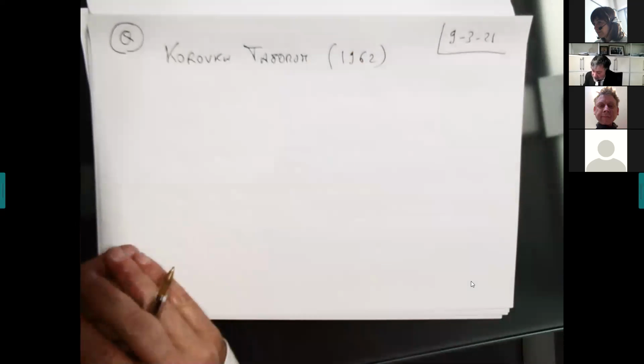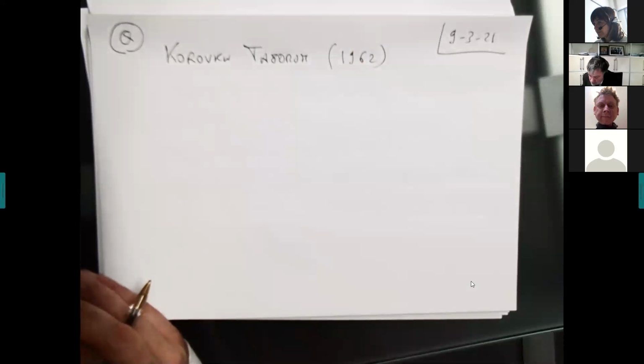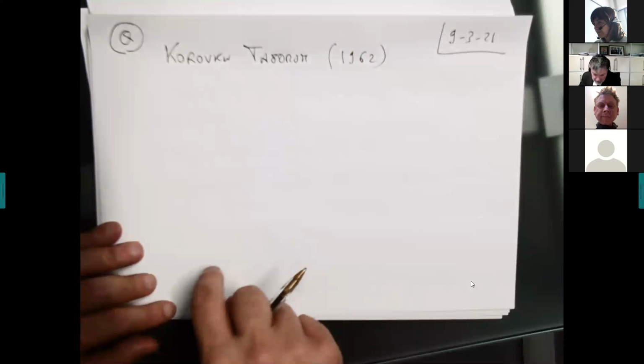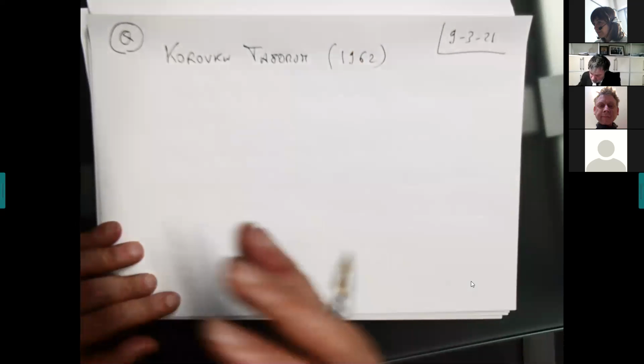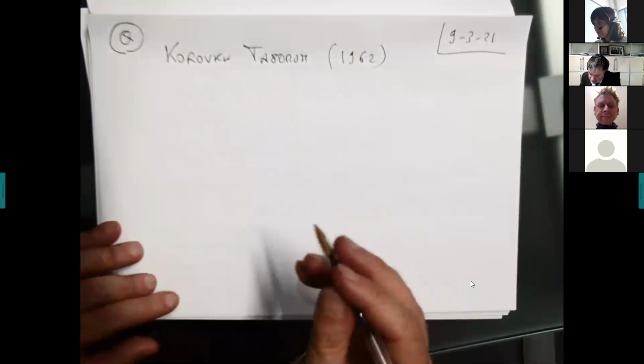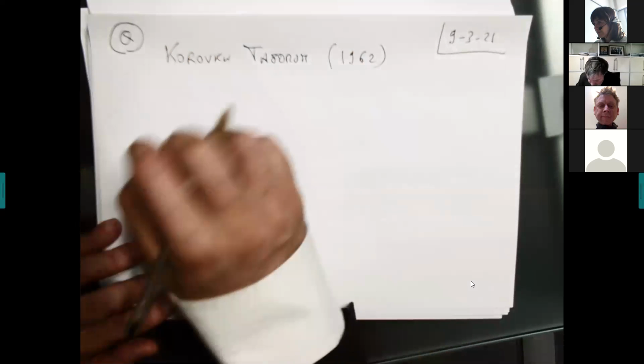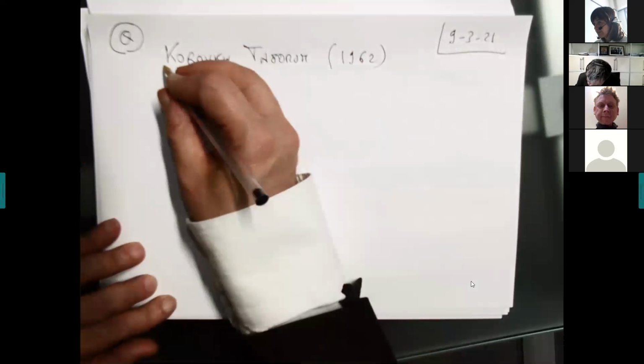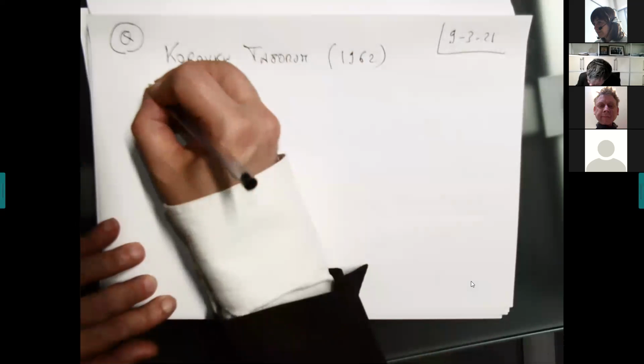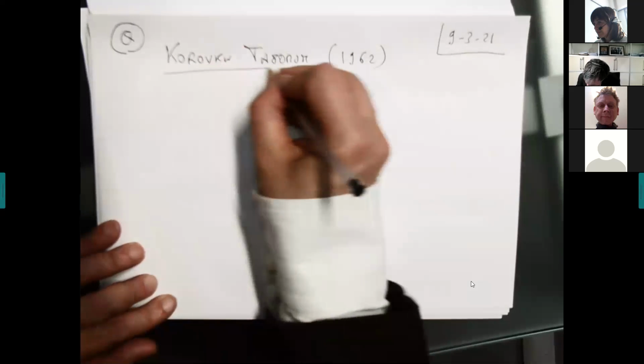There are a huge amount of these Korovkin theorems in a lot of spaces, but we will see just the one in the space of the continuous functions on a given interval. And the interval is 0, 1, so a very special situation. But you will understand why this is a very special result.